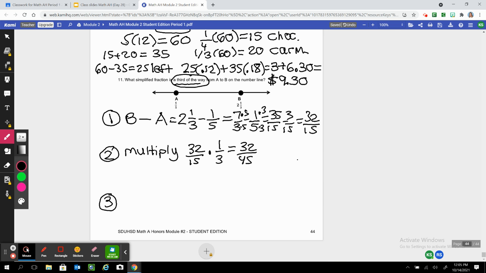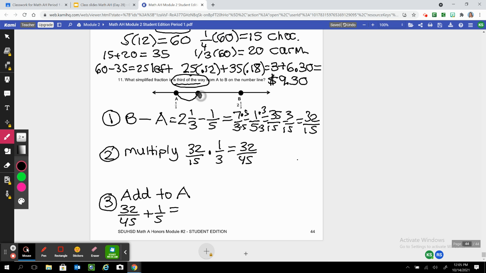All right, and the very last step is to add your answer from part 2 back to step A. So I'm going to write add to A. So I'm going to take 32 45ths and add it to 1/5 because I want to go a third of the way.